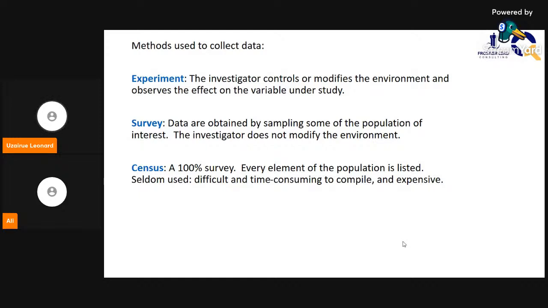In this case, the investigator controls or modifies the environment and observes the effect on the variable under study. Just like what I said, with the same laboratory animals, you do a baseline test to be sure that all of them are the same. They have the same hematological level and are in the same condition.